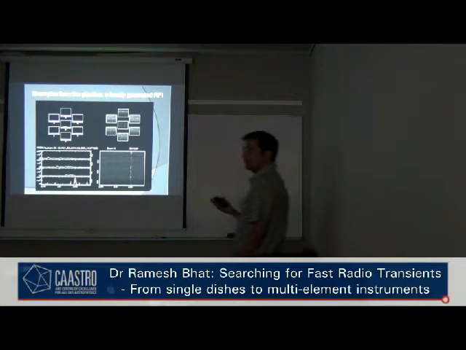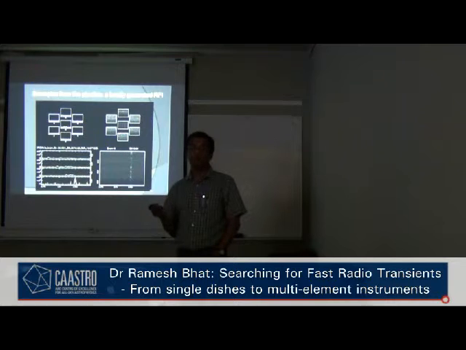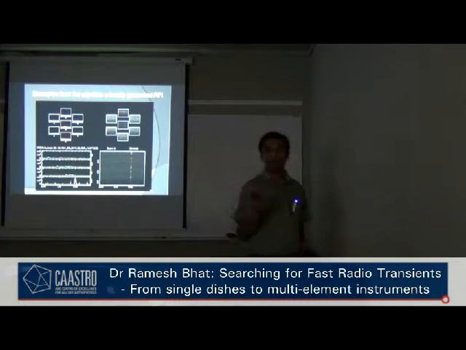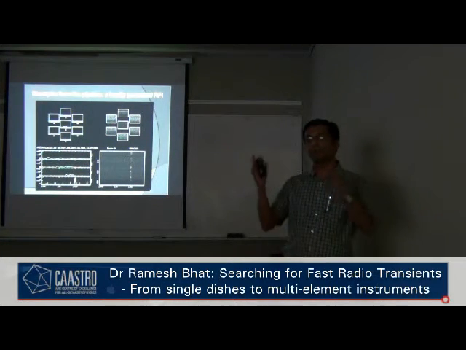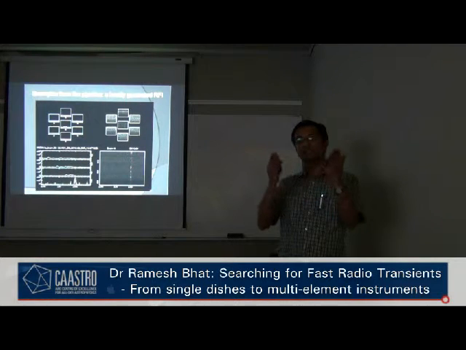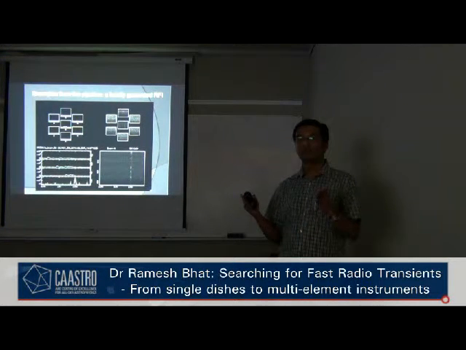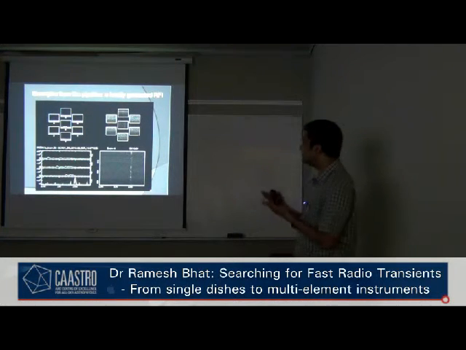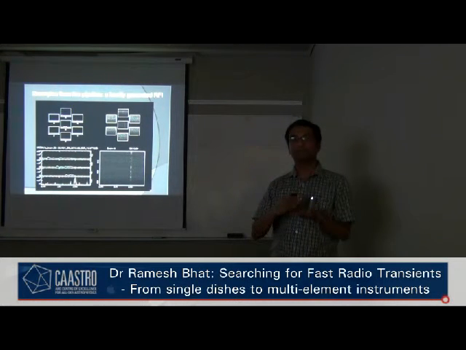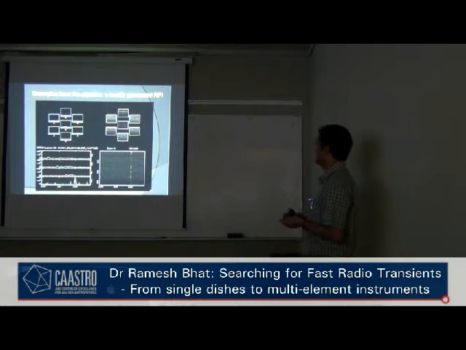This coincidence logic appears to be very simple, but in reality, it may not be that simple, because when you form multiple subarrays, keep in mind that every telescope has its own baseline variations and gain variations. So you have to factor all that into account when you apply the coincidence logic. That can change the detected signal characteristics, or even the DM.